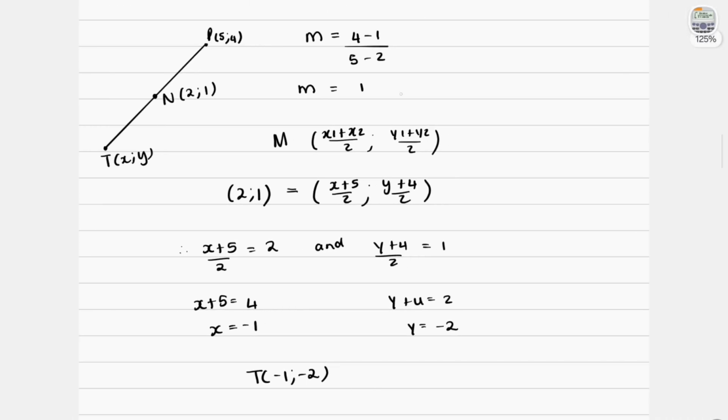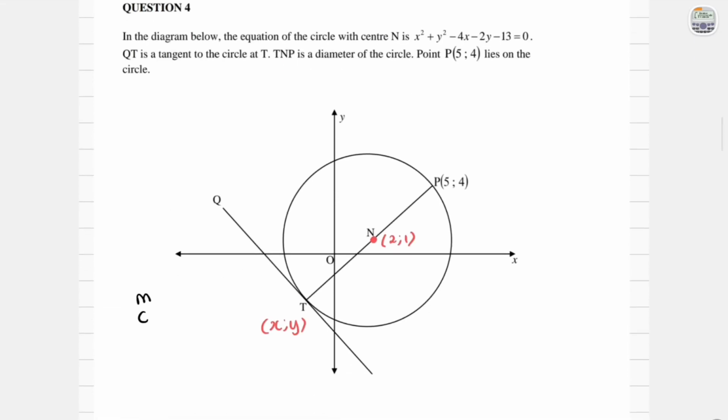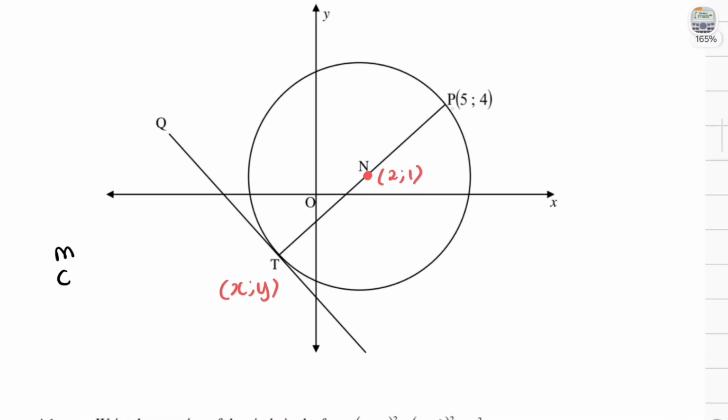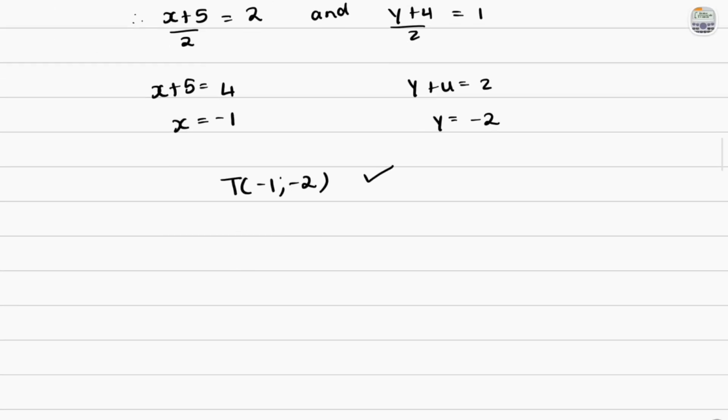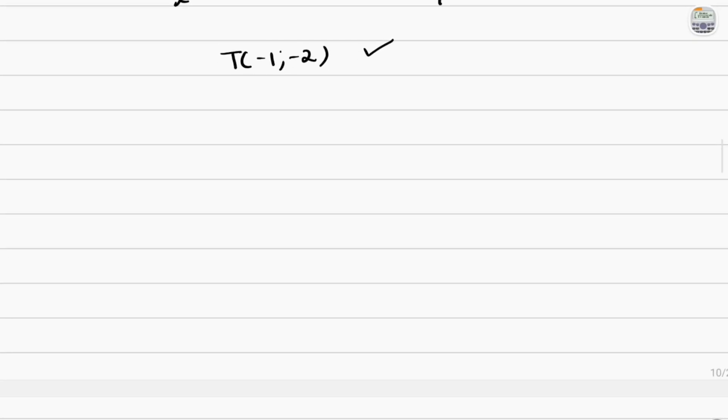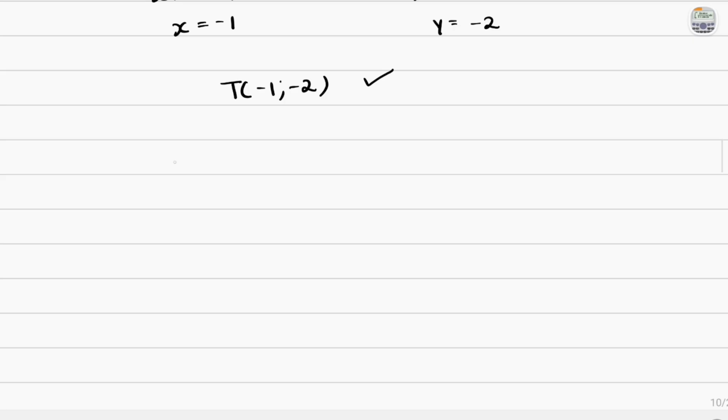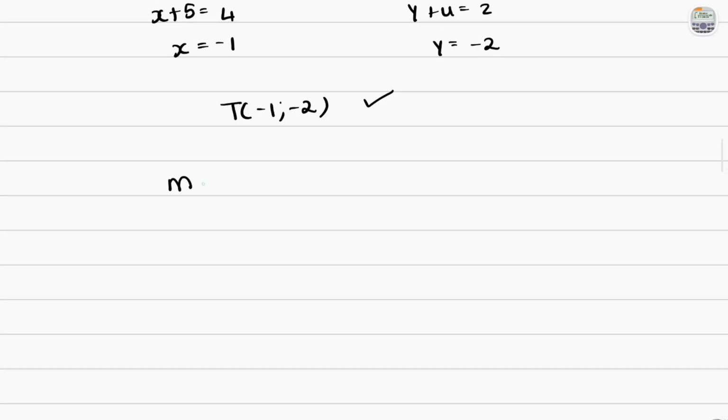Great. Now we have the gradient and we have T. We can find the equation of this tangent. We have the gradient of the radius, or the diameter, which is also the gradient of the radius. How do we find the gradient of the tangent? Well, we know that the radius and the tangent are perpendicular at their point of contact. So, still using question 3's ideas, the gradient of our radius multiplied by the gradient of the tangent gives us -1.